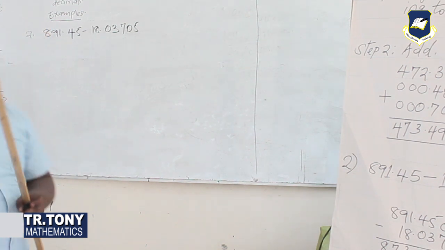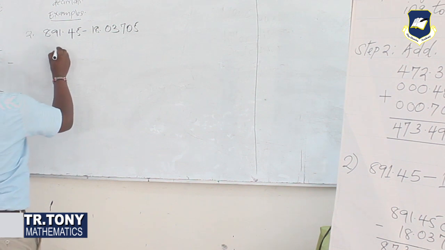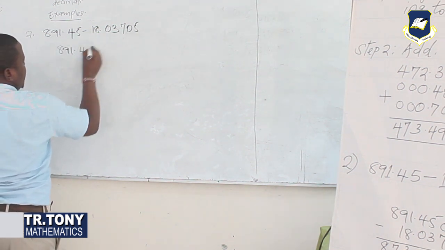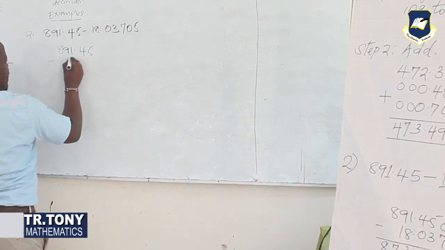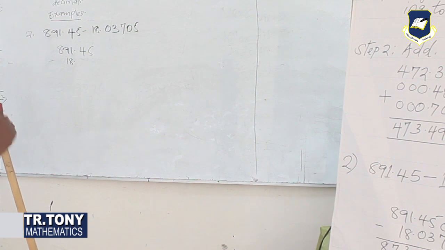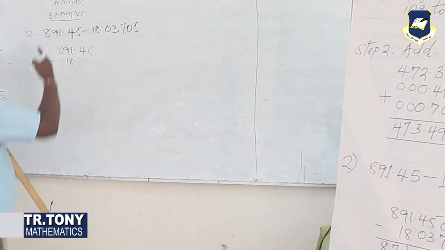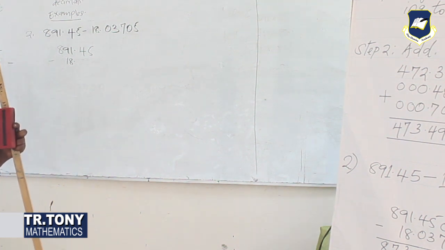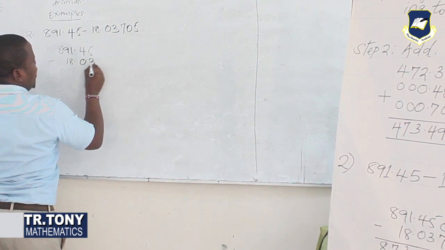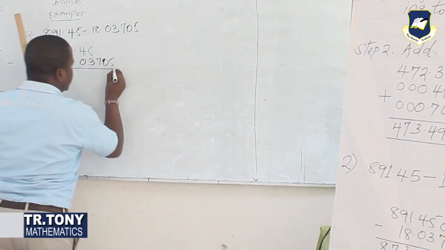Again, you should be able to arrange the digits according to their place values. So we are going to have 891.45 take away 18.03705. The 4 here is in the place value of tenths, so it should be in line with the 0, which is also in the place value of tenths. 18.03705 is the number to subtract.